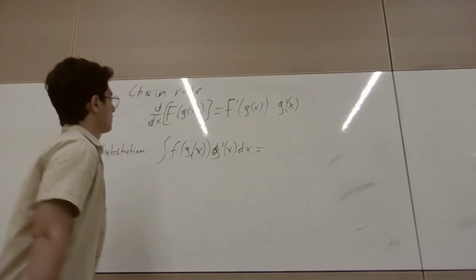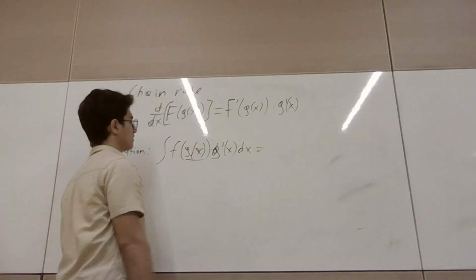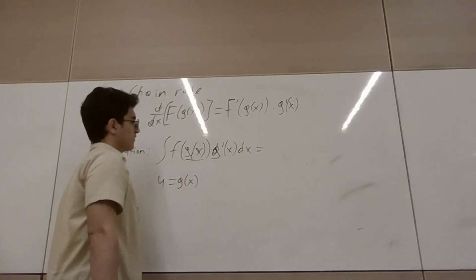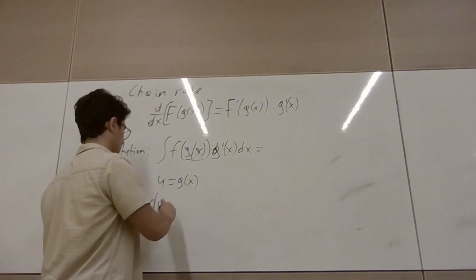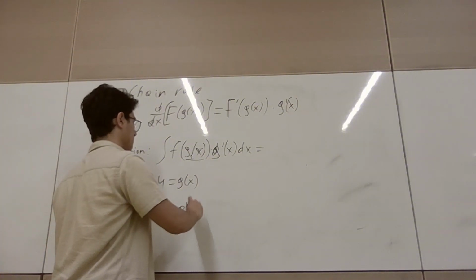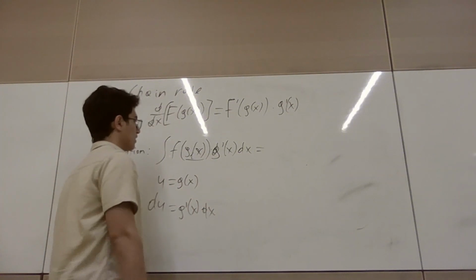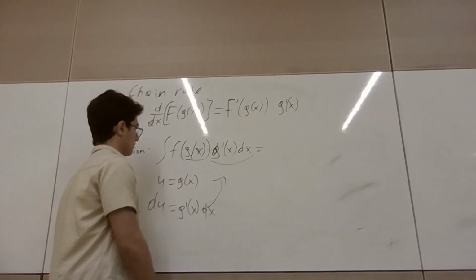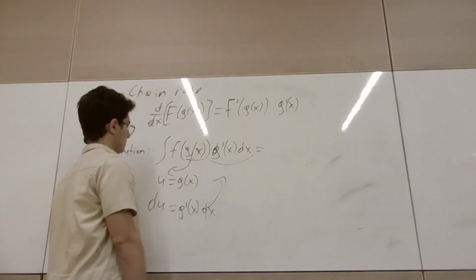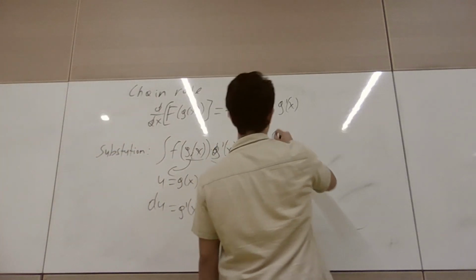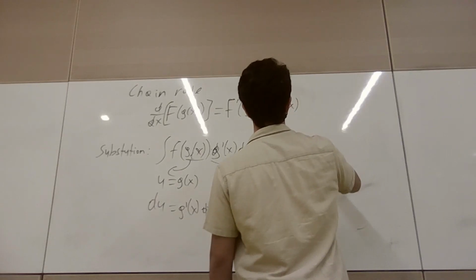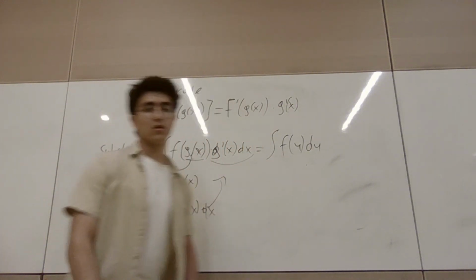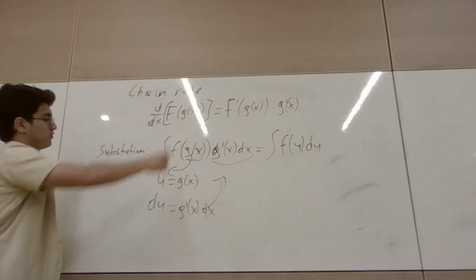So we can say g(x) is equal to u, and if we find du, it's g prime x dx. So we have here g prime x dx, and we can substitute it, and then g(x) is substituted by u. So what's its integral? f(u) du. As you can see, it's the substitution rule.